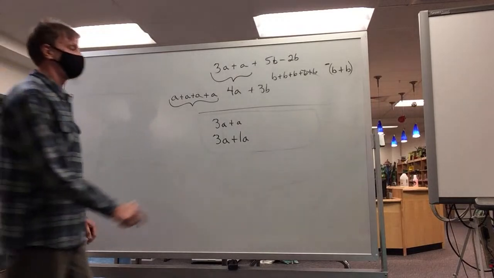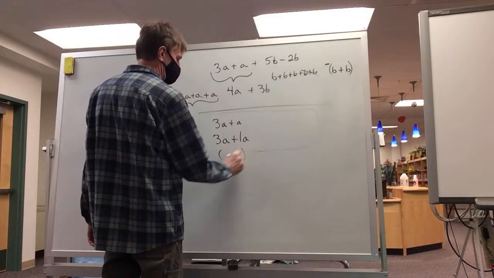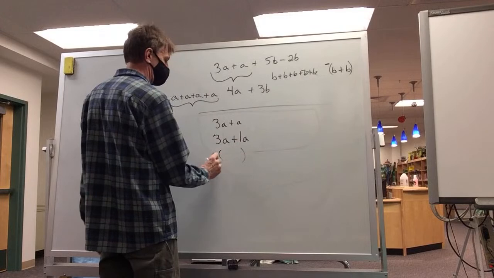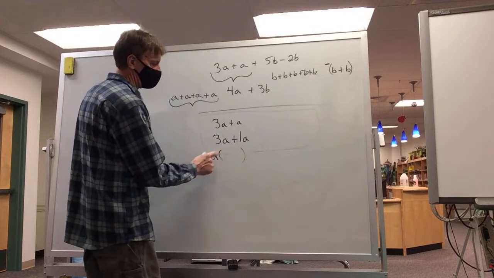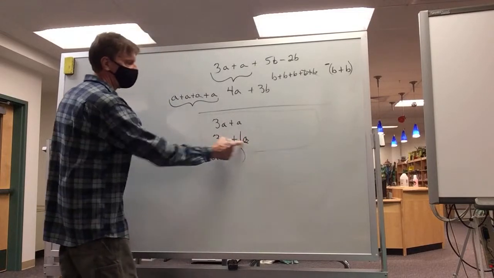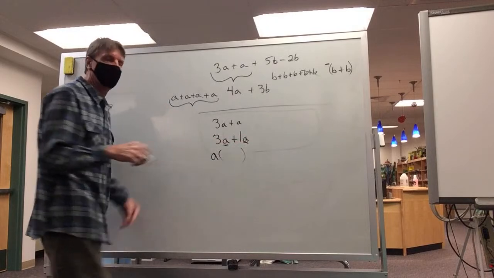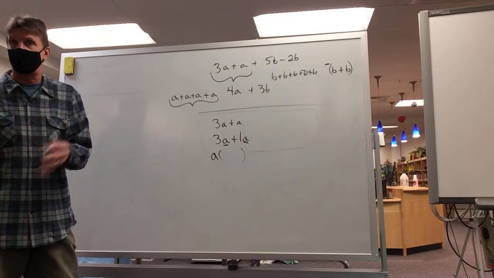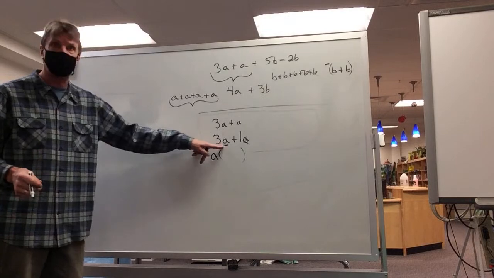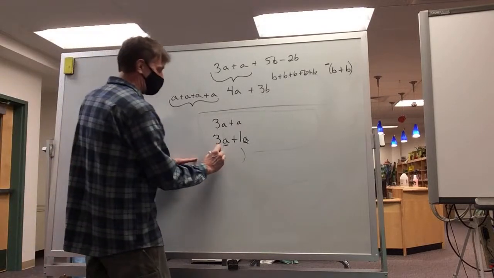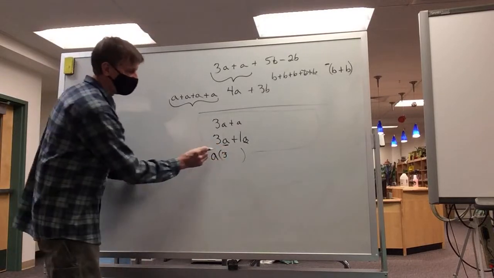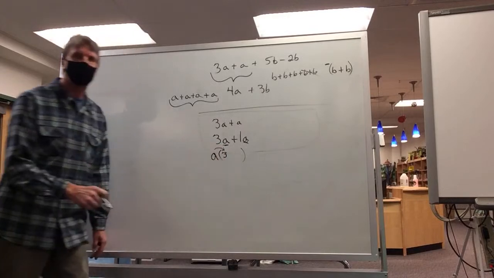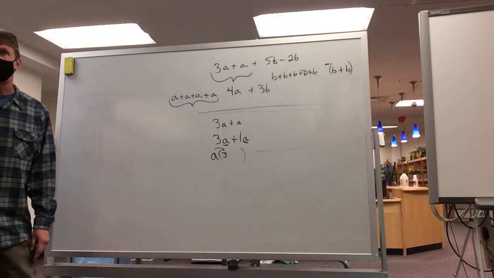And if I was to rewrite this with the distributive property, there's an a in each of these numbers. So a is a factor. It's a number that's used to multiply and get 3 times a. So if I put a 3 here, if you remove the parentheses, you have to multiply using the distributive property.